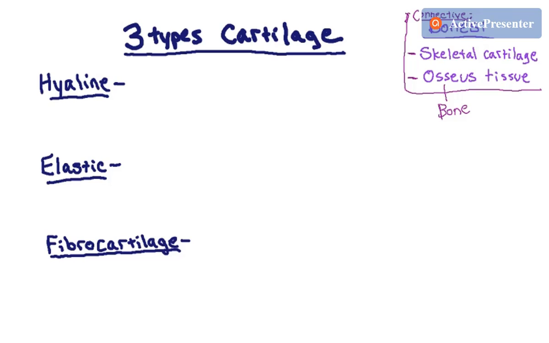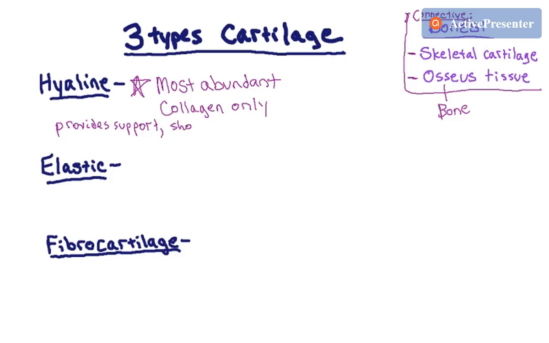There is hyaline is the first, and this is the most abundant skeletal cartilage. It's collagen only, and it does a lot of things. It provides support, it's a shock absorber, and it does this by being situated at the ends of the bones, the ends of long bones.